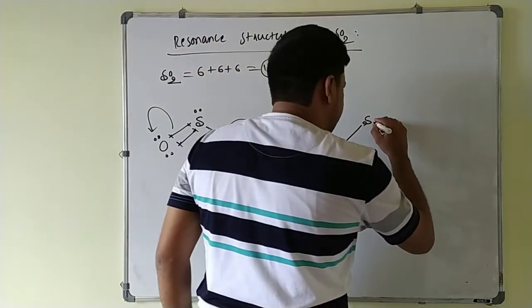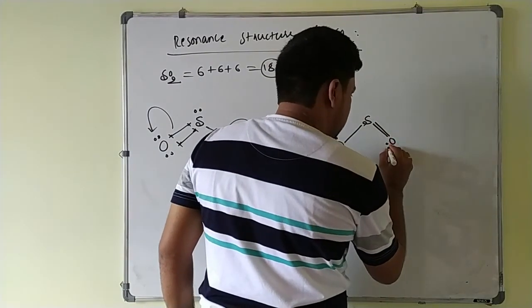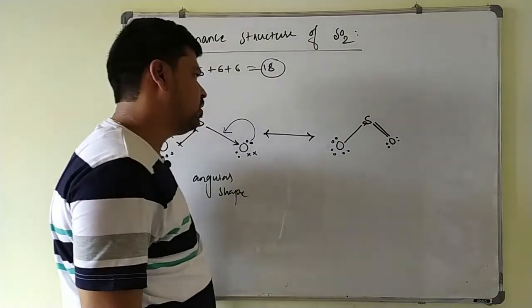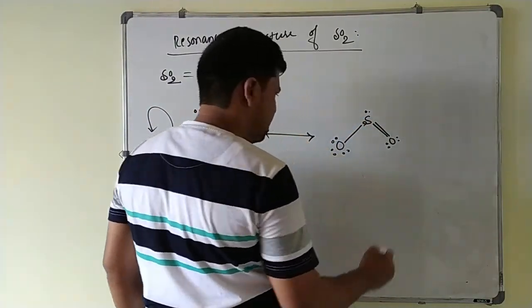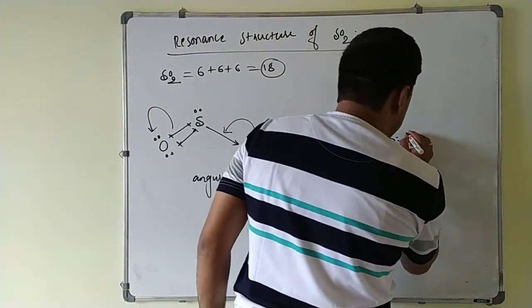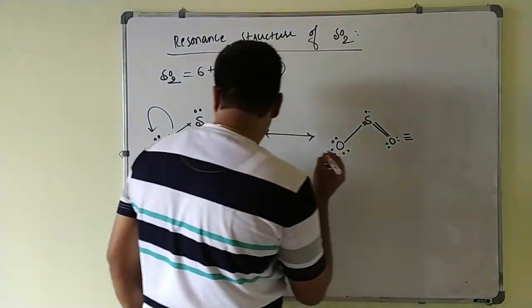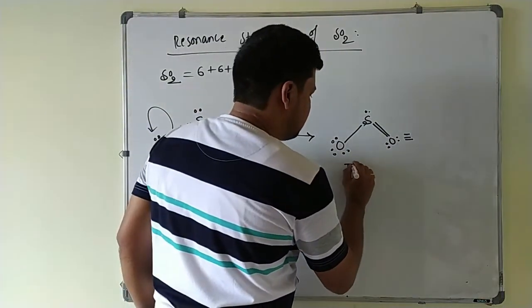Next you get a double bond to this oxygen. So the remaining is 4 electrons, and on this sulfur 2 electrons as it is. Again it has an angular shape, so that this SO2 has 2 resonating structures. This is structure 1 and this is structure 2.